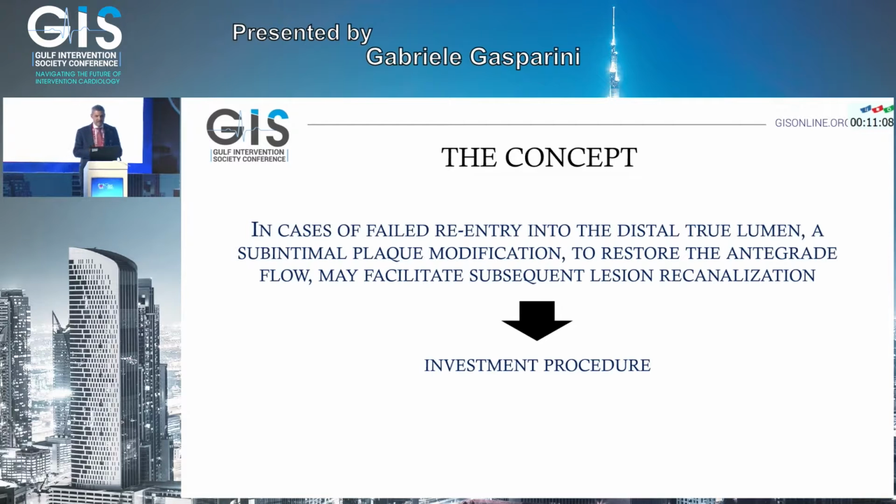The concept is that in case of failure of all the previous techniques, in terms of antegrade wiring, antegrade or retrograde crossing, a subintimal plaque modification could be taken into consideration to restore the antegrade flow, and this can facilitate subsequent lesion recanalization.